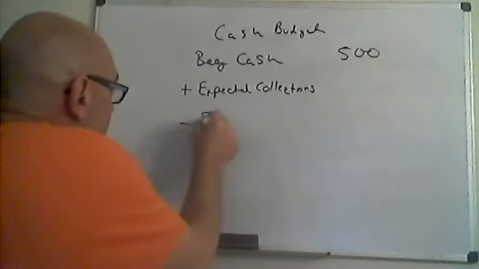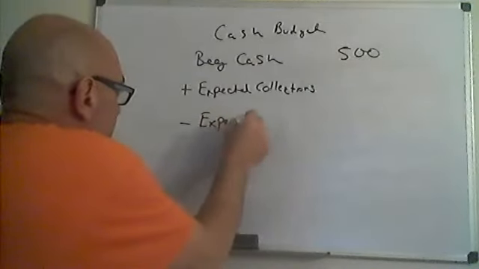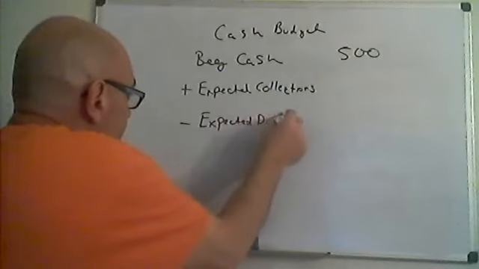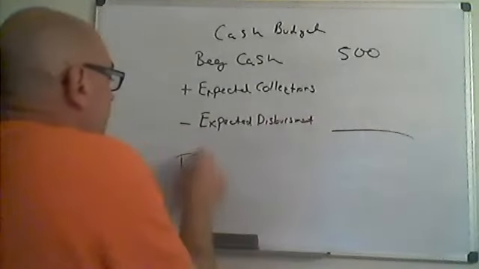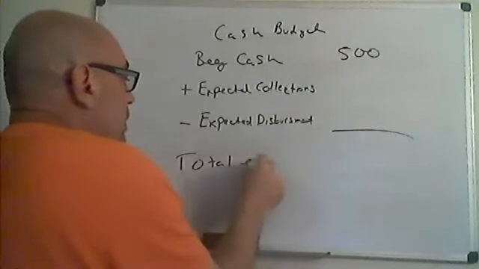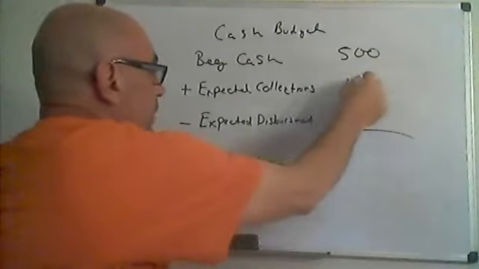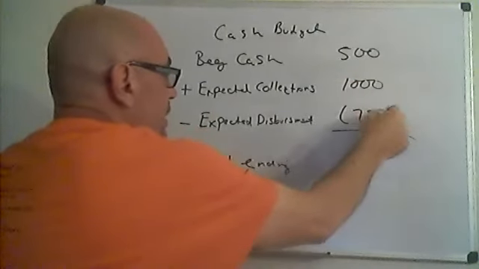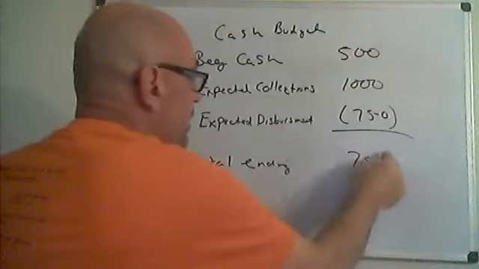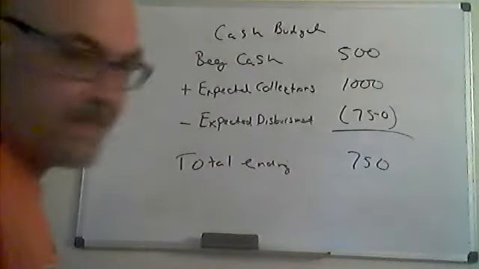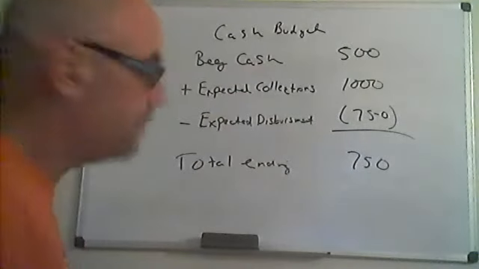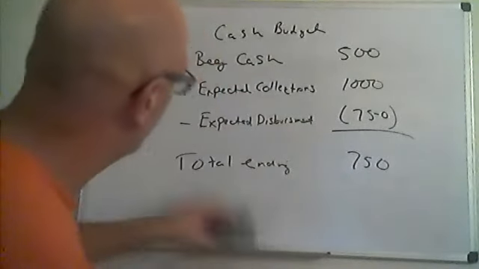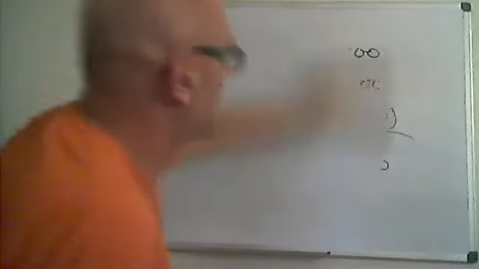And then minus expected disbursements, to get us to total earnings. 1,000 minus 750, you would have 750 at the end. But you would list out all of your collections and all of your disbursements underneath there. Like I said, slide 24 will give you an example of that.